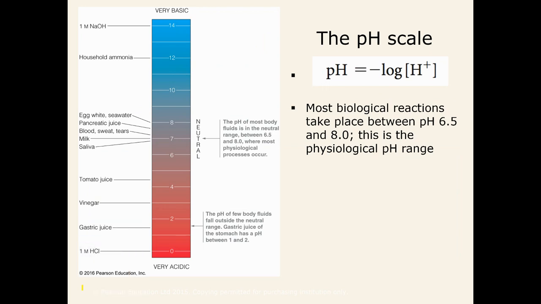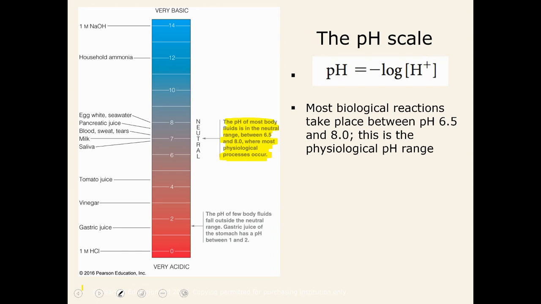The pH of most body fluids is between 6.5 and 8.0, and that's what we think of as physiological pH.